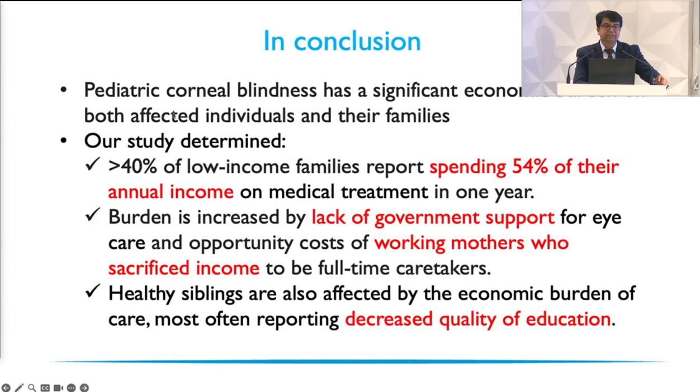Nearly 40% of them end up spending 54% of their annual income on a child's care. This deprives not only the family's resources but also impacts the other children. And in the majority of the cases, we don't have any government support. And again, losing working mothers who have to sacrifice their careers can also directly impact the family.